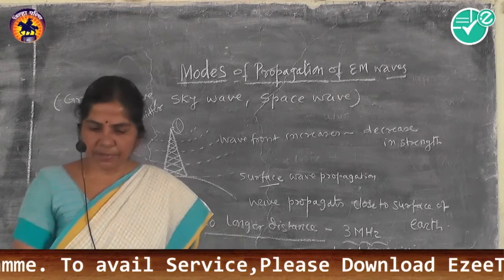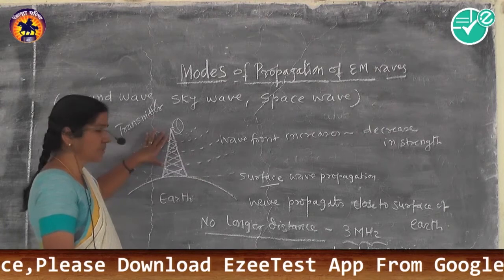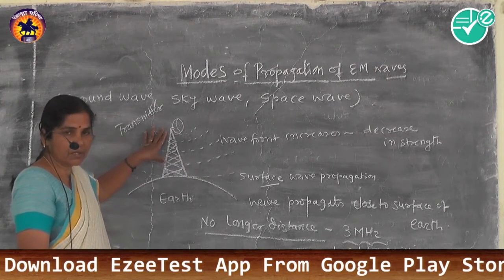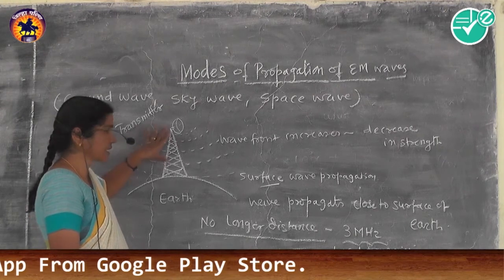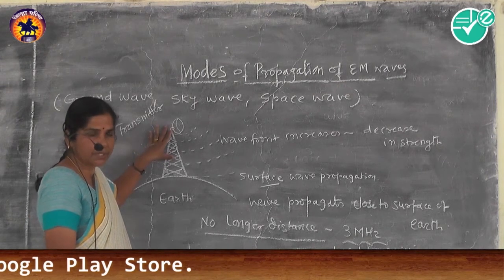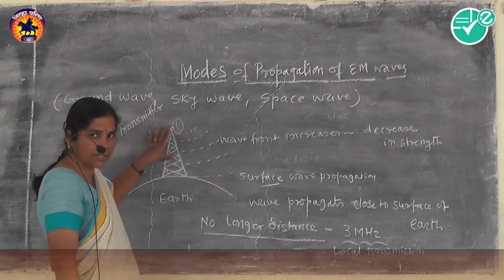This is a very simple method. But if we want to increase the range, the height should be increased, and it is risky, because we cannot increase the height of the transmitter beyond a certain limit; it may tilt.